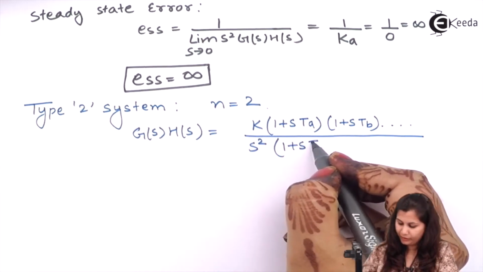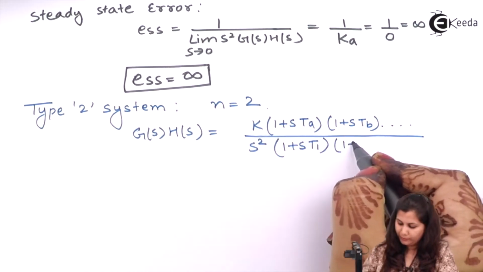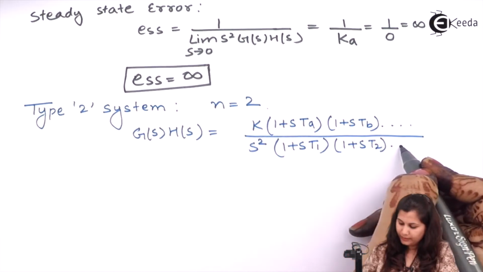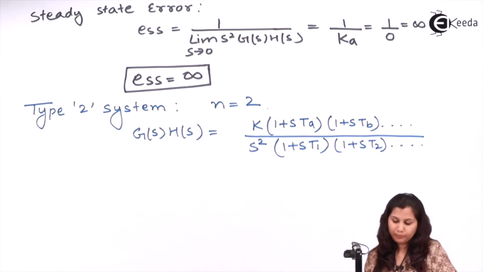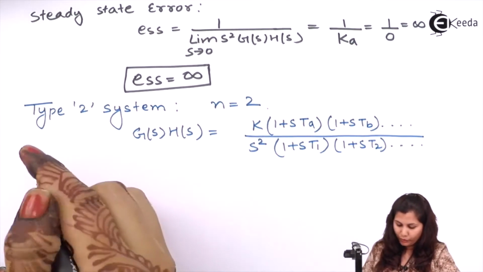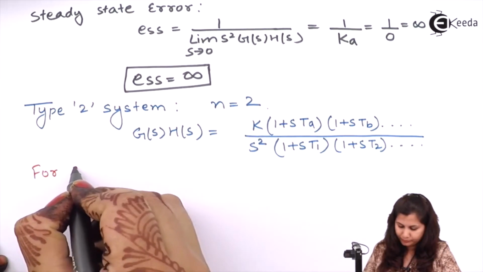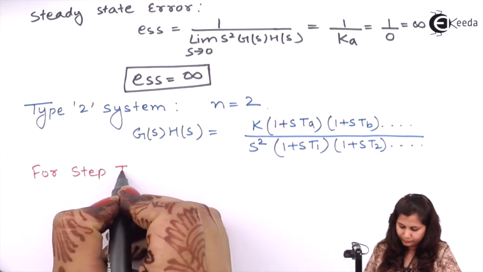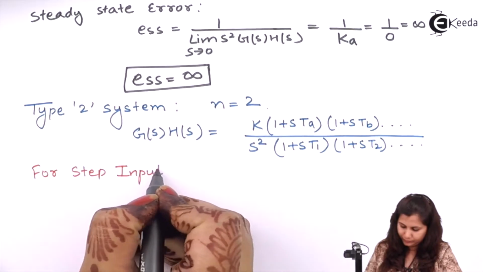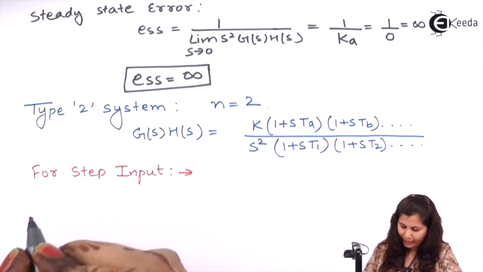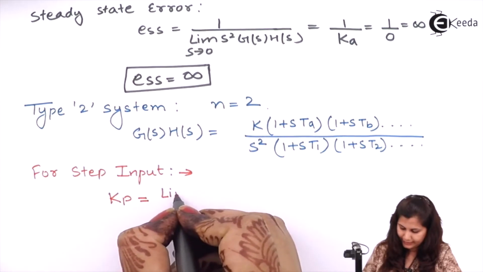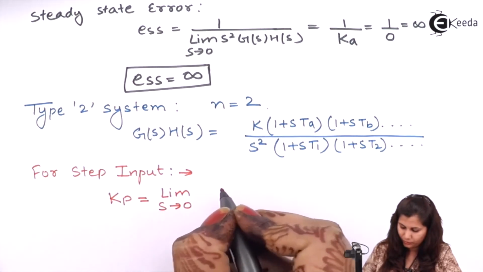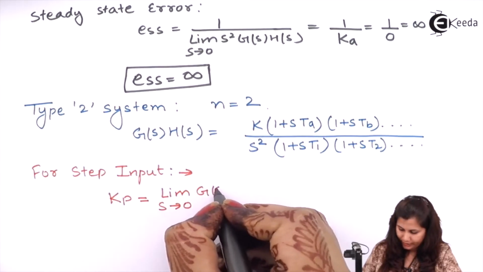And here we will have (1 plus sT1)(1 plus sT2). Similarly here. Now applying the various inputs. So first we have the step input. For step input, we have the position error coefficient Kp as limit s tends to 0 of GsHs.